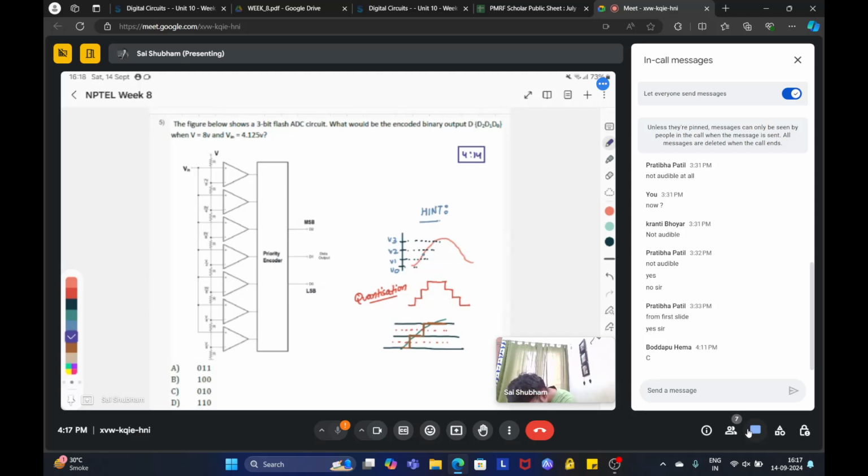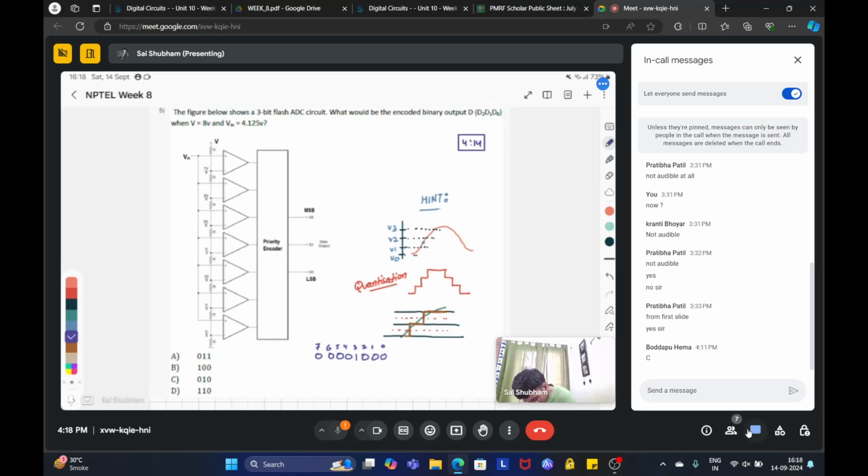For example, in case of a basic encoder, if this is the input, it will give out the binary output corresponding to 3.